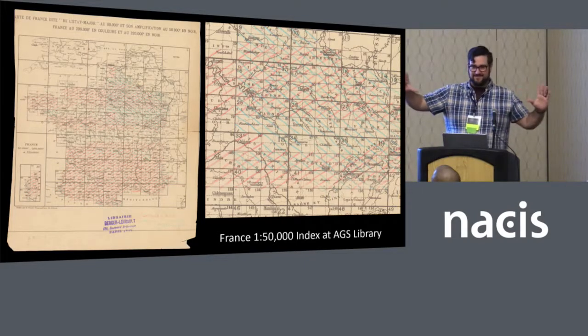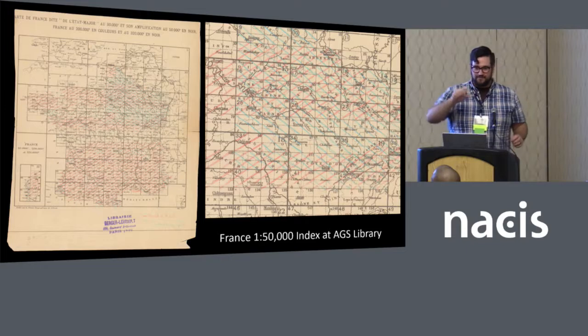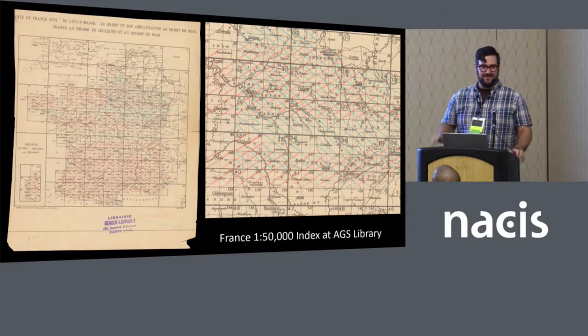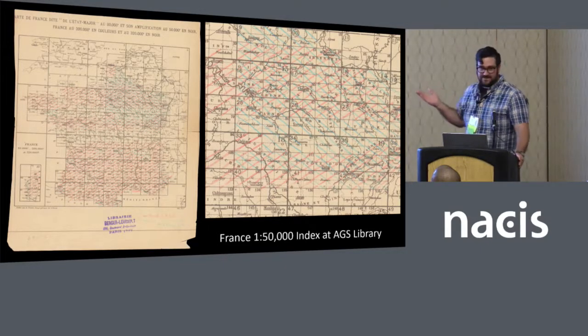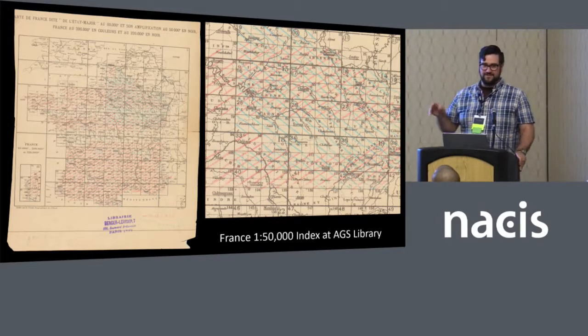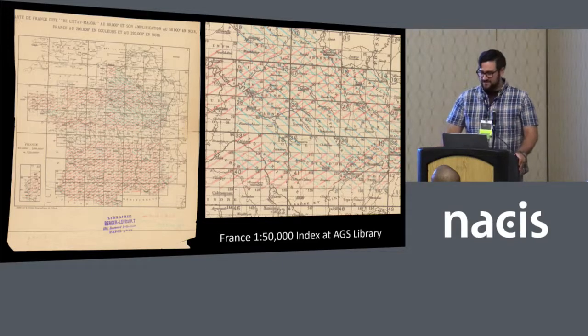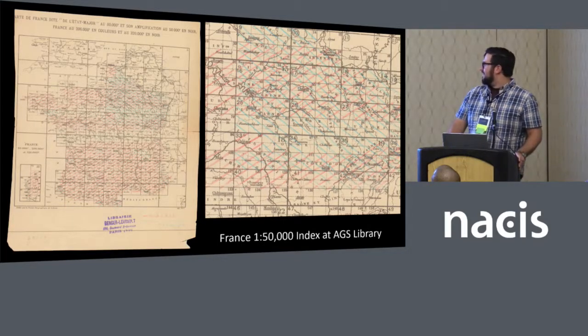While some index maps are pretty large and there's lots of room to write, this one would probably require most of us to use a magnifying glass to really get any kind of usable detail off of it. In this particular example, the red lines are showing something that we do have at the AGS library. And the blue line is showing things that include a military grid and that we have at the AGS library.